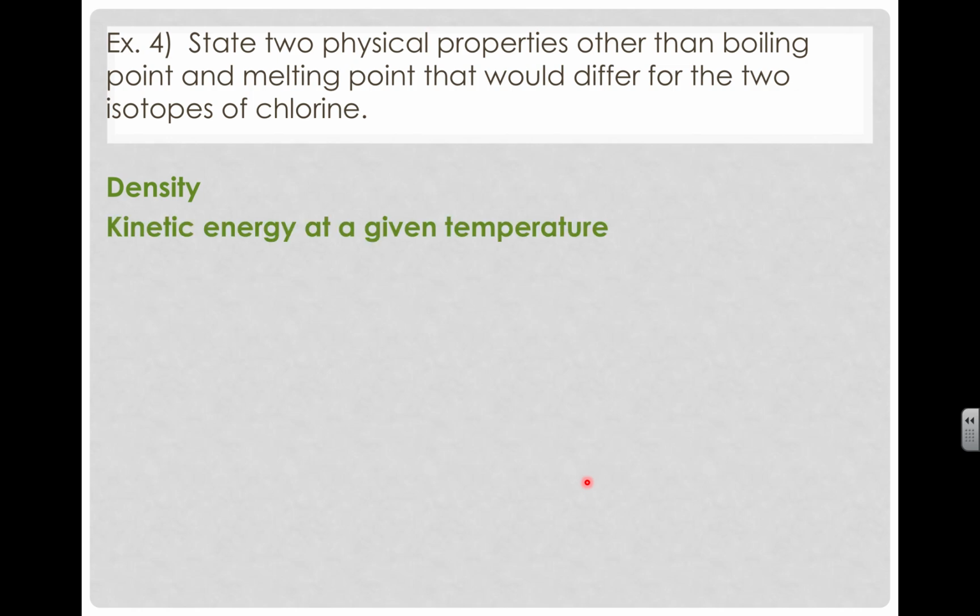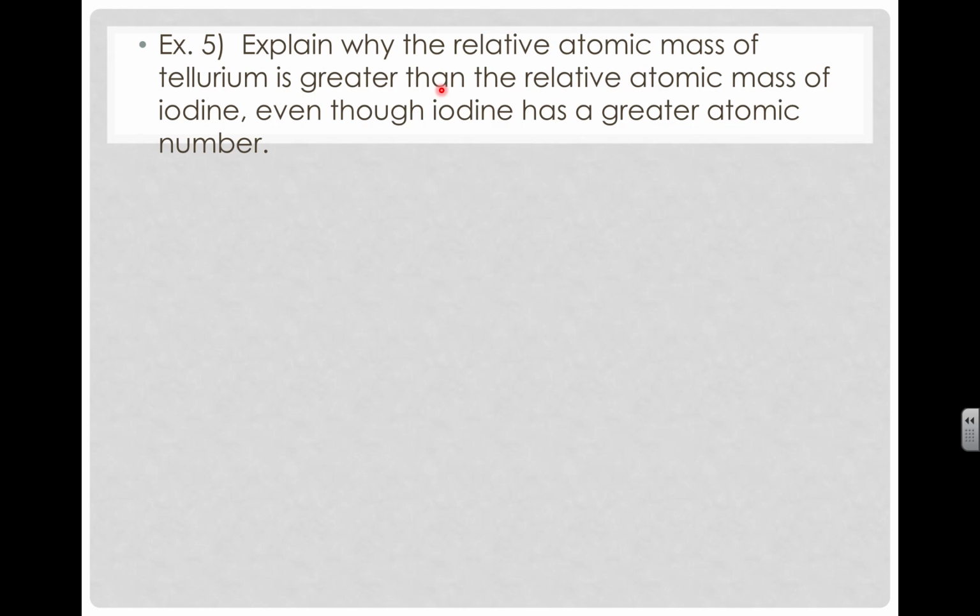The kinetic energy at a given temperature would change, and also their viscosity as well, because viscosity is dependent on mass. Kinetic energy is also dependent on mass. Okay? Good things. Boiling point and melting point are dependent on mass, but those weren't options. They're dependent on mass because of their intermolecular forces.